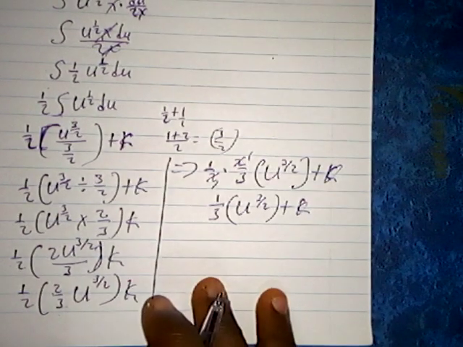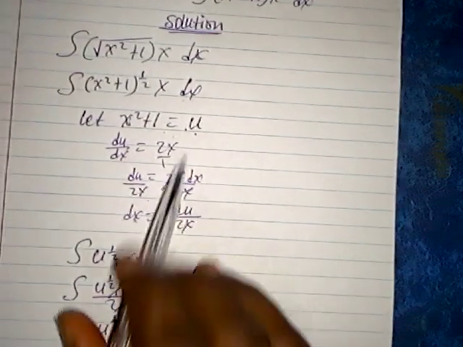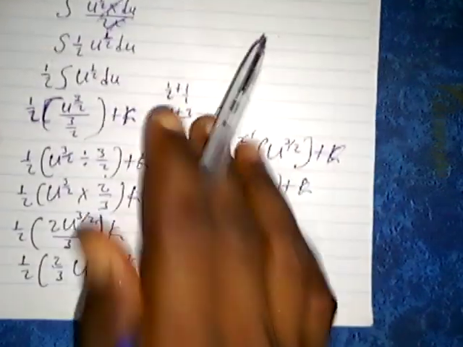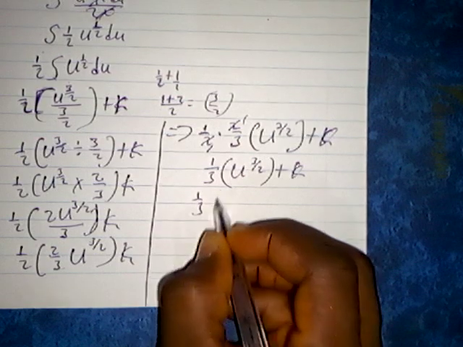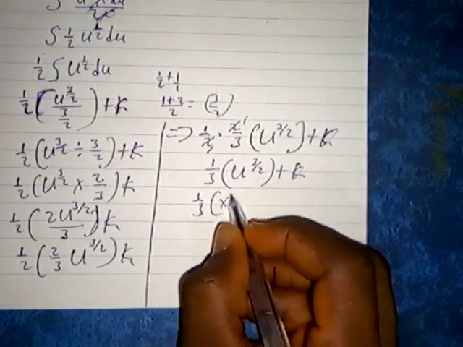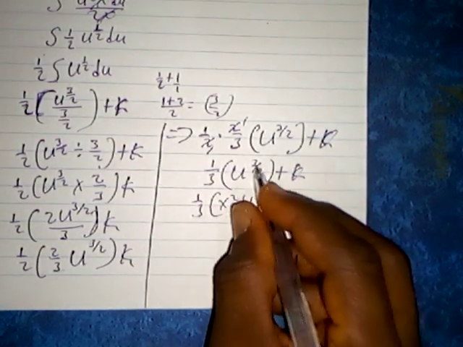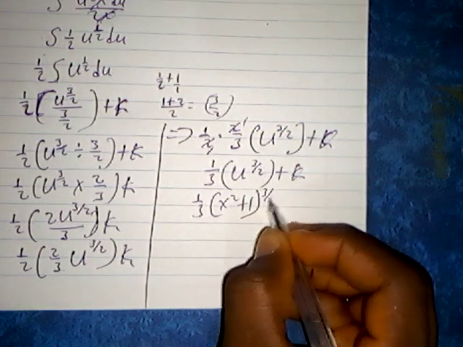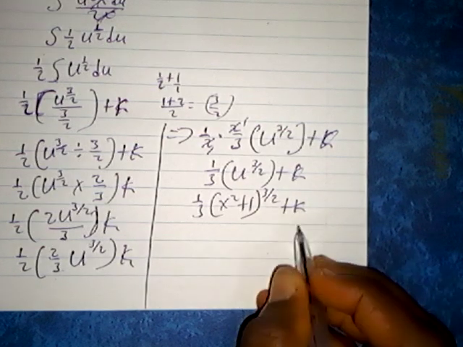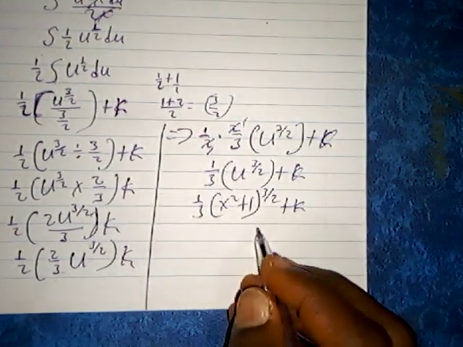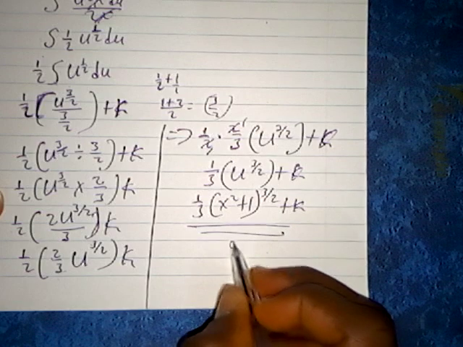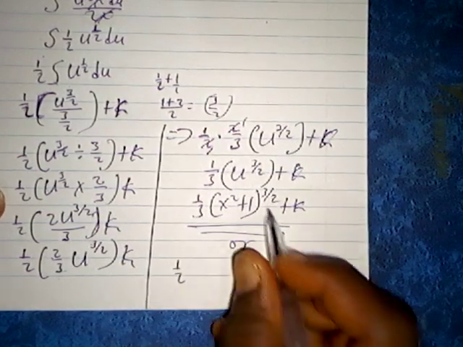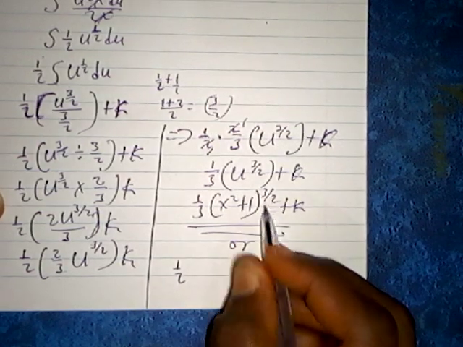This is your integration. But remember, what is the value of u? The value of u is x squared plus 1. So we say 1 upon 3 into x squared plus 1, all raised to the power 3 upon 2, plus k. This could be your answer, or you could remove the fraction power.